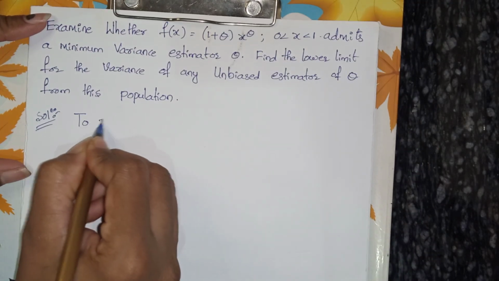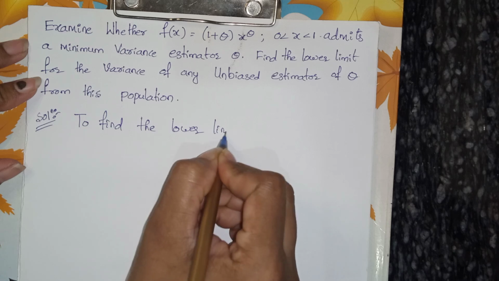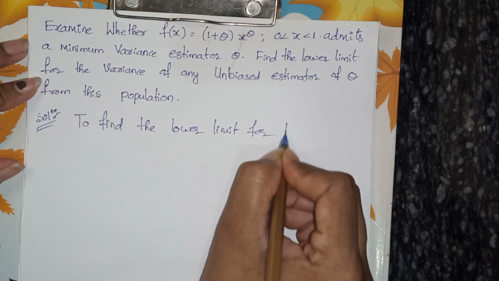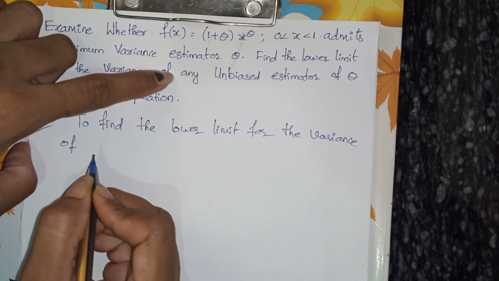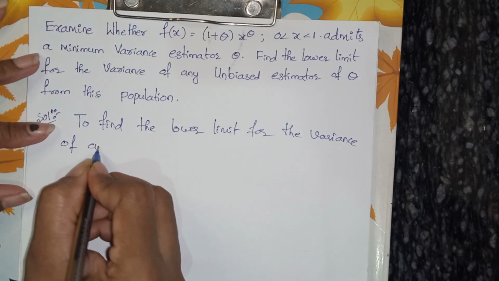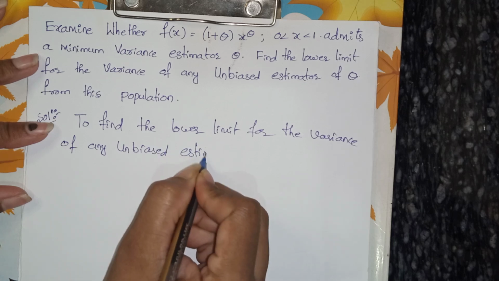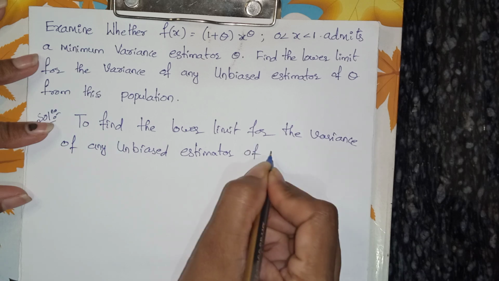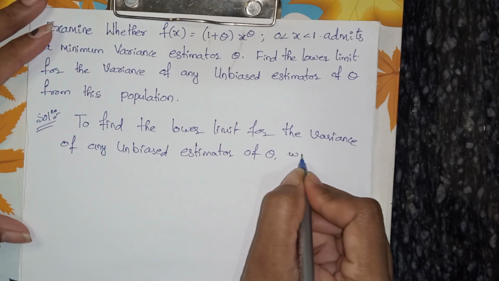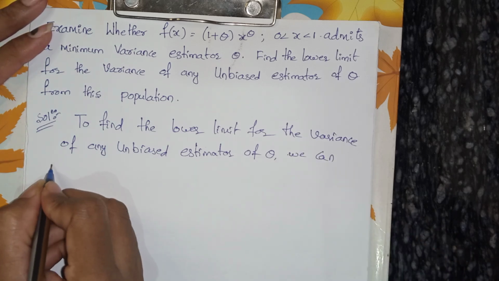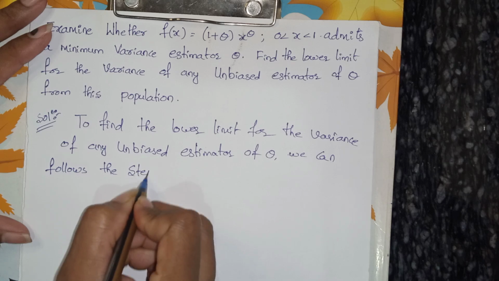To find the lower limit for the variance of any unbiased estimator of theta, we follow the steps below.